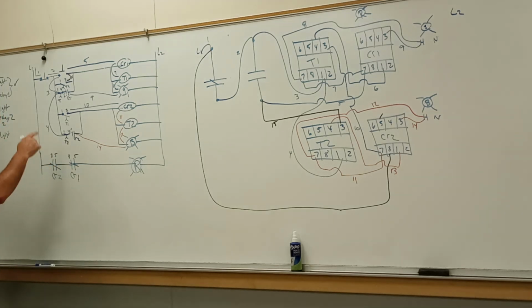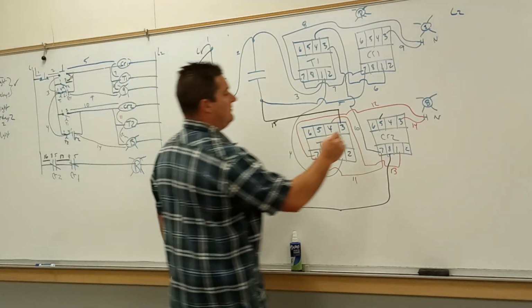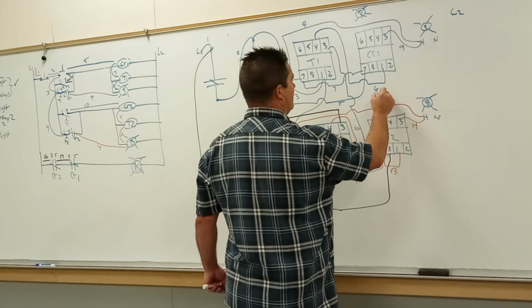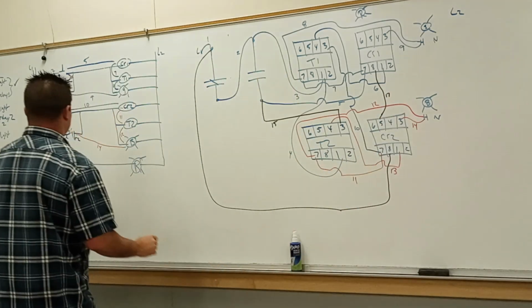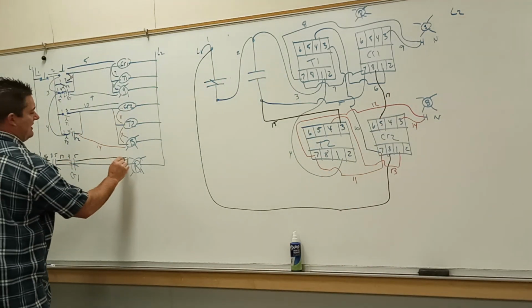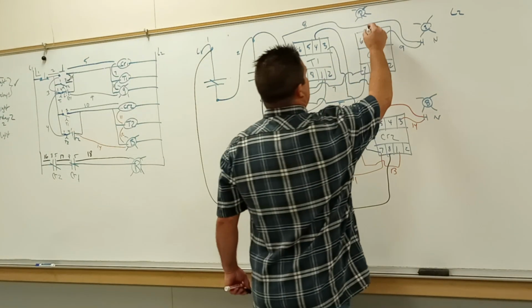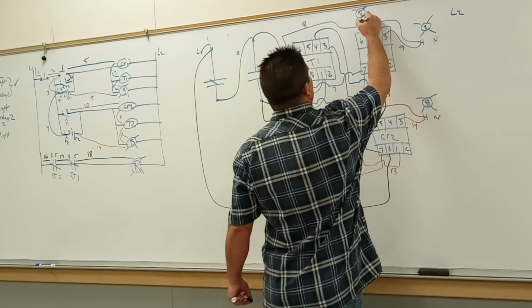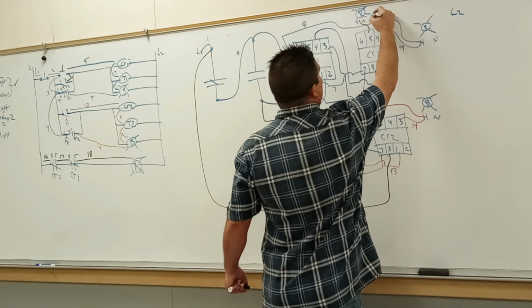And that's going to be 16. From the 5 to the 8 would be wire number 17. And from my 5 to my red light would be number 18. 5 to my red light's hot, and that would be number 18.